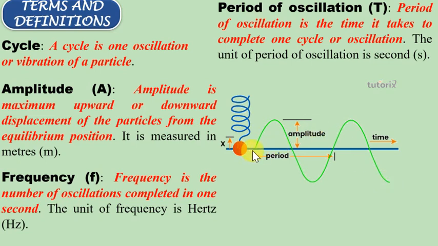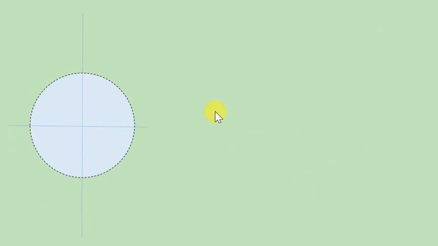The time to cover that cycle is referred to as the period of oscillation. While the maximum vertical displacement or negative maximum displacement from the rest position is referred to as the amplitude, the frequency is the number of oscillations that is completed in 1 second.